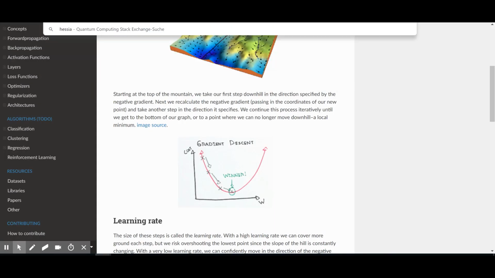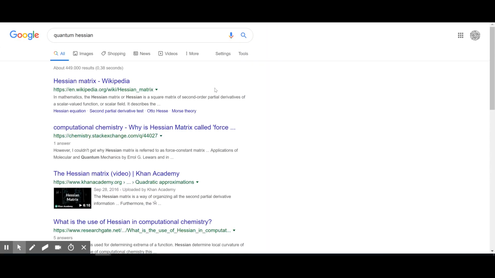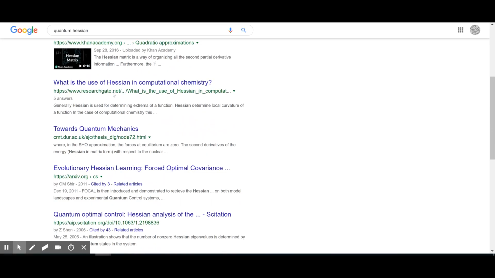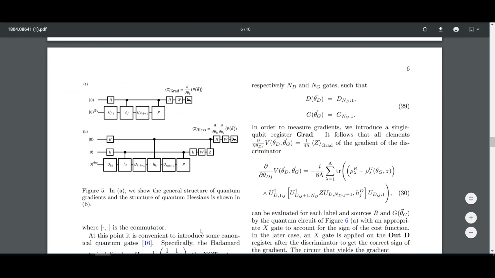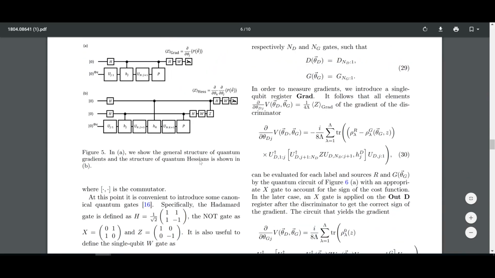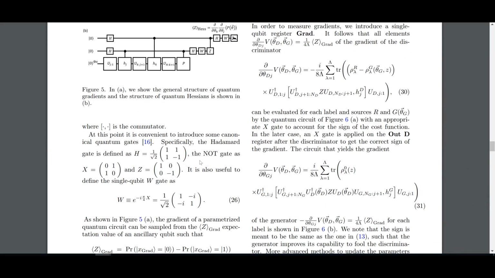Hessian matrix. In mathematics, a Hessian matrix is a square matrix of second-order partial derivatives. It's going to be a tough one to break down. I guess Hessian matrices we probably have to explore later on. So I'm guessing this is the way we're going to approach the problem.